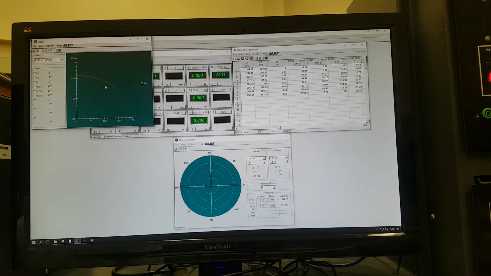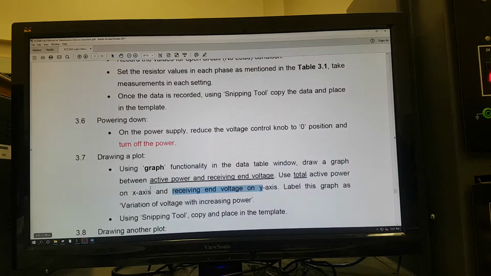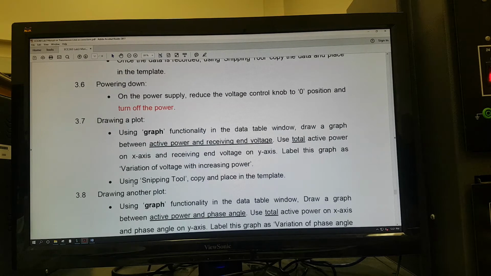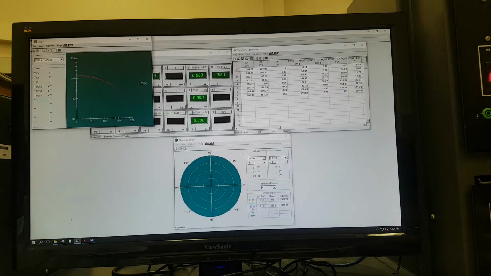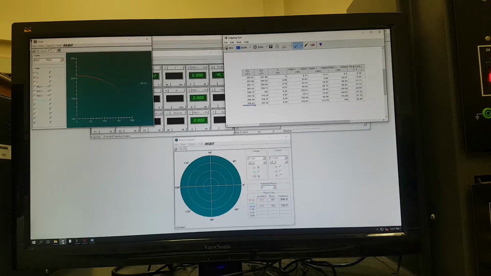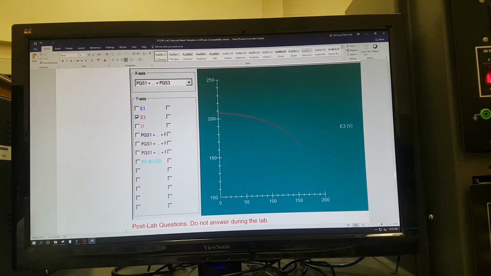Okay, so that one I will record it. I think we have to snip and then paste it there. So I copied and pasted the graph here. As the power increases, the voltage is decreasing, but in a non-linear fashion.